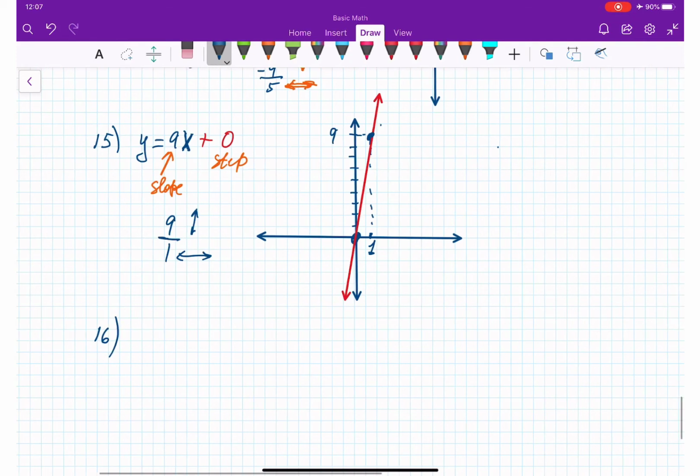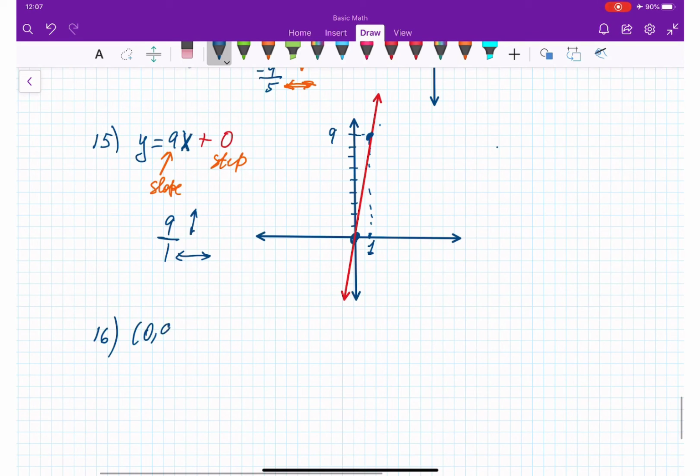Given point 0, 9, and 2x plus 3y equals 7. How are we gonna work this out? We need to find the equation that goes through this point and is perpendicular. First thing, we need to find y in the format mx plus b. Correct?